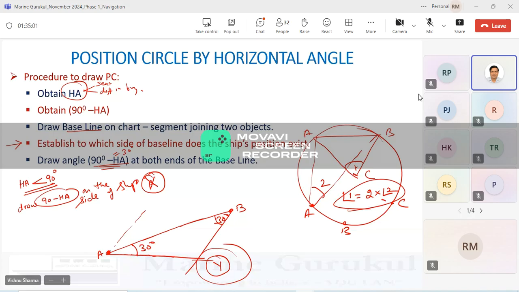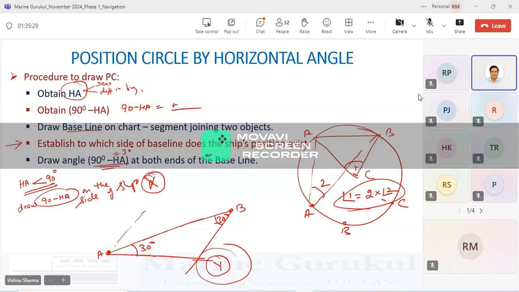What is the situation? Horizontal angle is less than 90 degrees. Then 90 minus horizontal angle will automatically come out as a positive value. If it is a positive value, on which side will you draw this angle? Please repeat to yourself: you will draw it on the side of the ship.